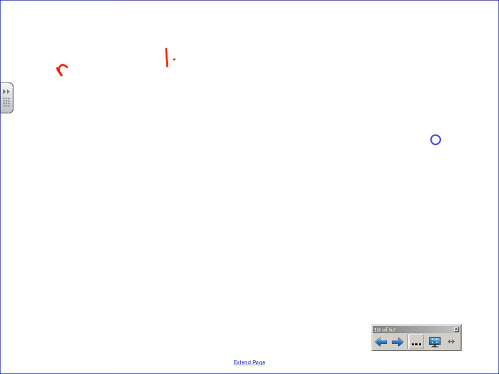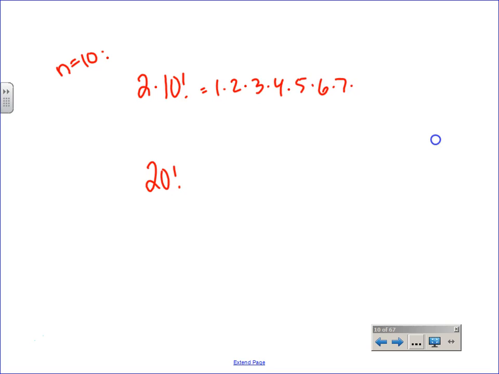If n was 10, wouldn't this be 1 times 2 times 3 times 4 times 5 times 6 times 7 times 8 times 9 times 10 times 2? Does this distribute? No, it's just multiplication. So get that big old number times 2.